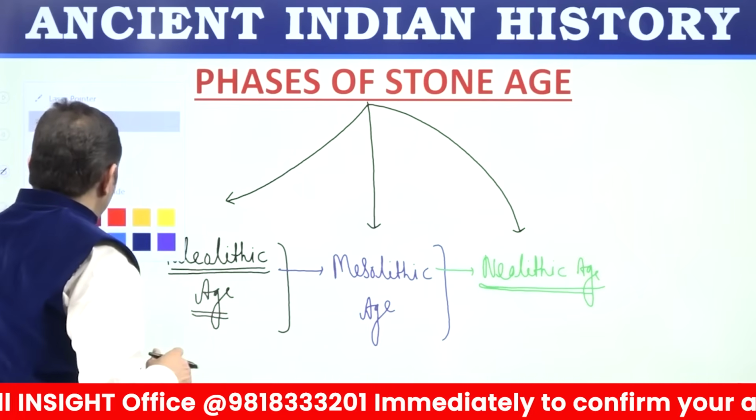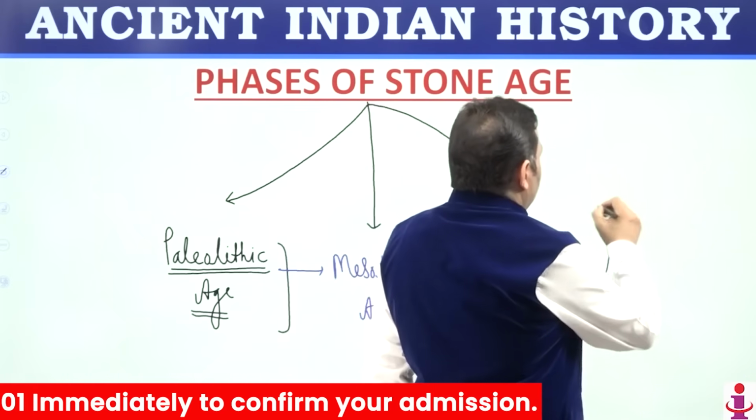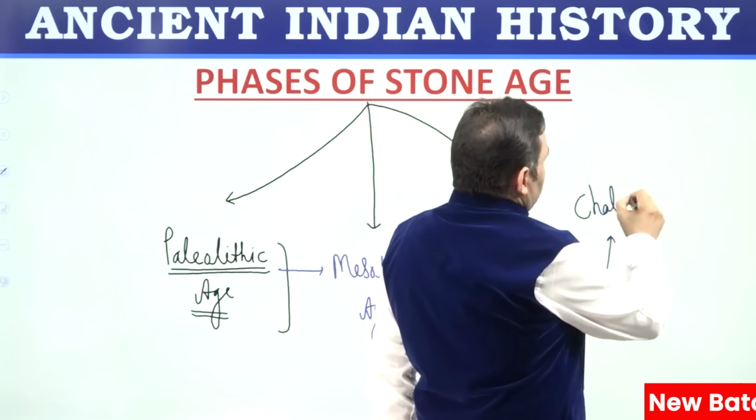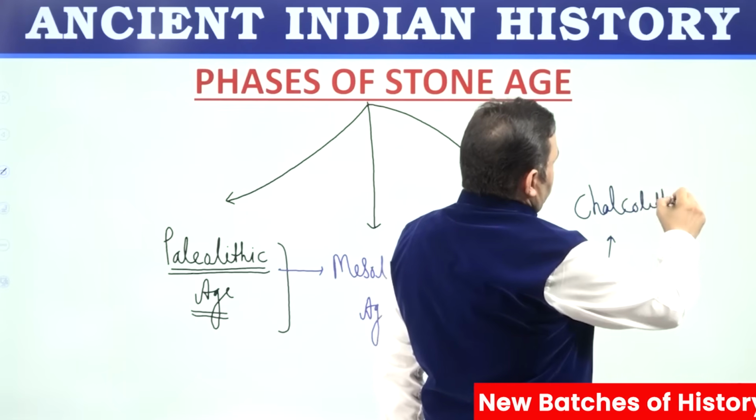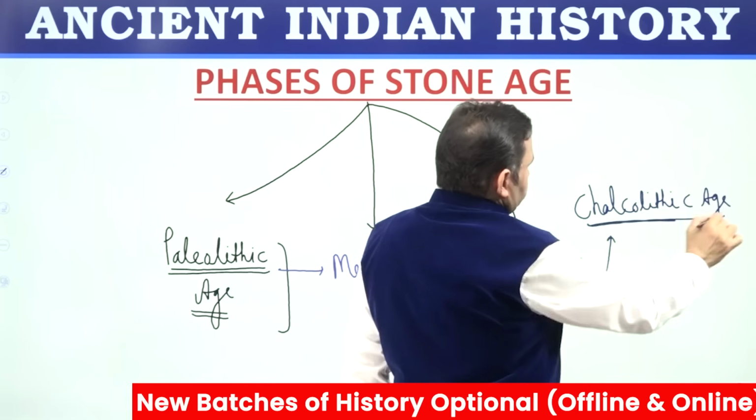If I go one step further for your comfort, Neolithic Age was followed by Chalcolithic. Chalcolithic means copper stone.